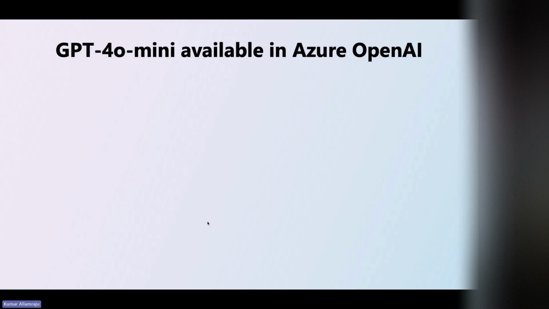So one of the things that we released in the last month is GPT-4o Mini. OpenAI released this to make it more cost effective for users. And then right on day one, we've made it available in Azure OpenAI.